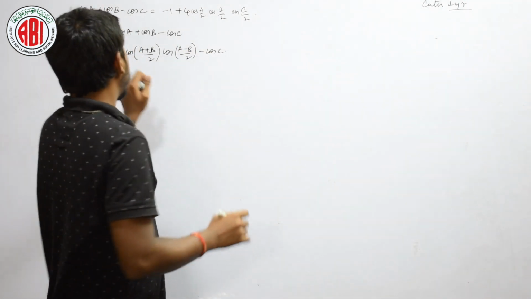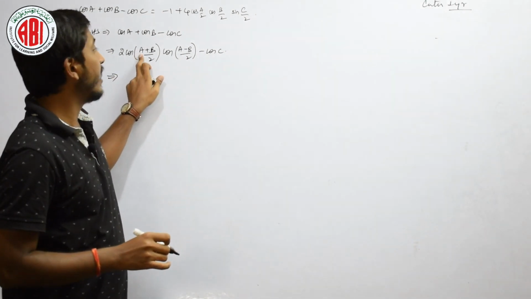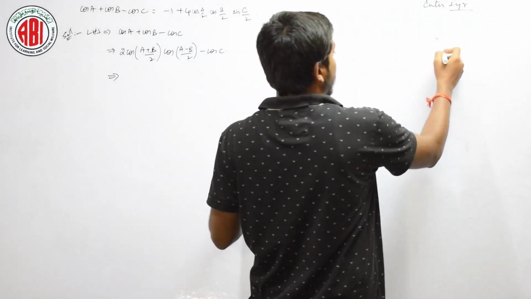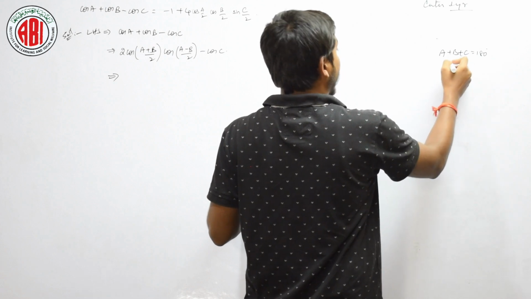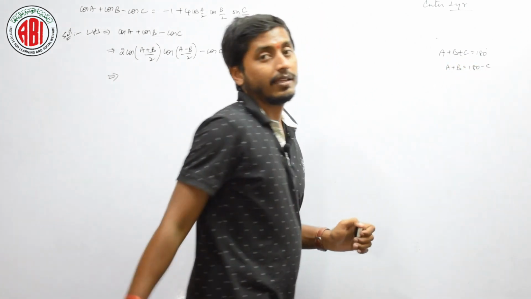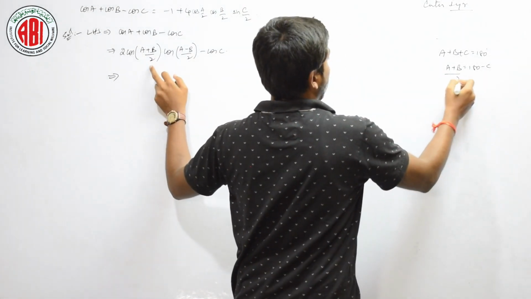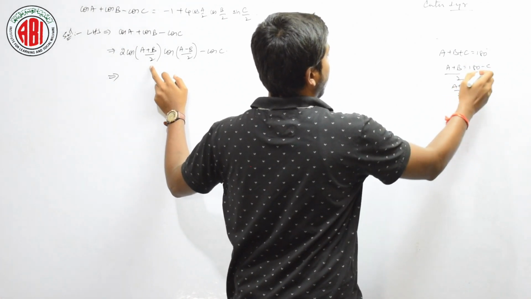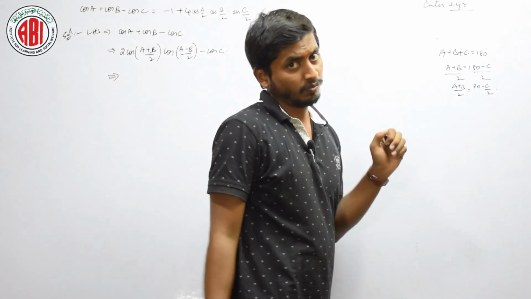Next, we will convert this A plus B into C. What is the relationship? A plus B plus C is equal to 180. Then can I write A plus B as 180 minus C? Here we have by 2 again, so A plus B by 2 is equal to 180 by 2, which is 90 minus C by 2.